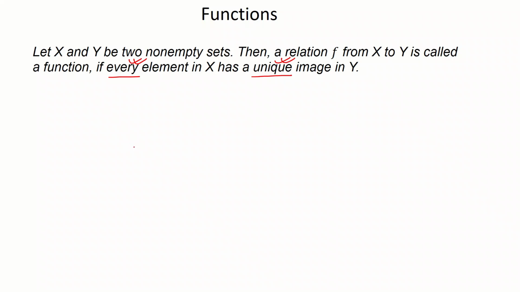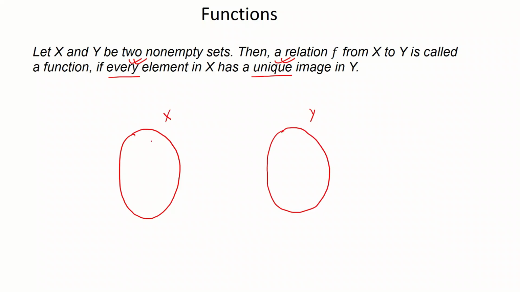So you remember how we understood relations with the help of arrow diagrams? Suppose this is the set X and this is the set Y. Assume that there are three elements in X, 1, 2 and 3, and each of these elements goes to some image in Y. So these points in Y are actually called the images of X. So these points could be 5, 6, 7 and 8.